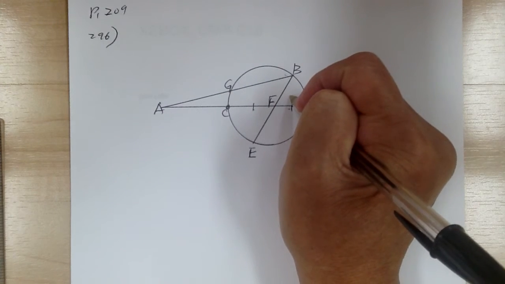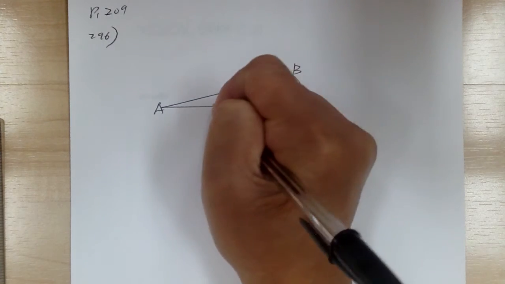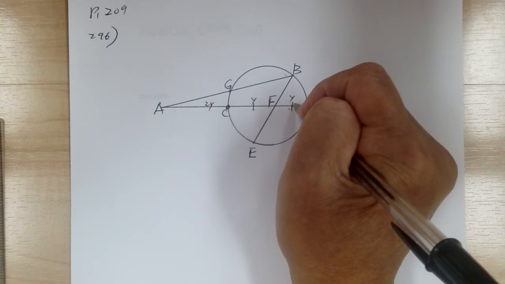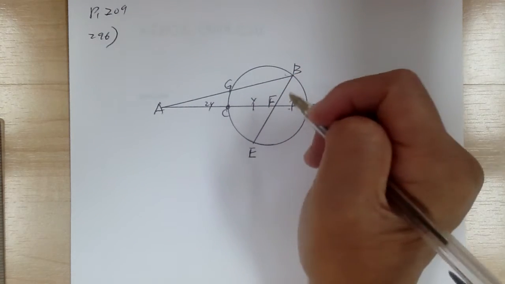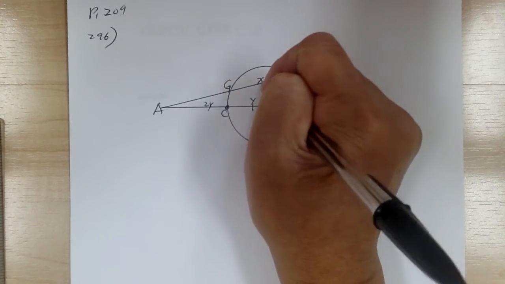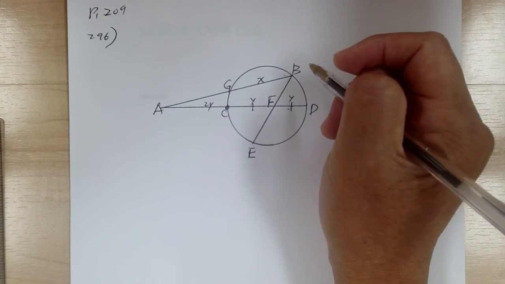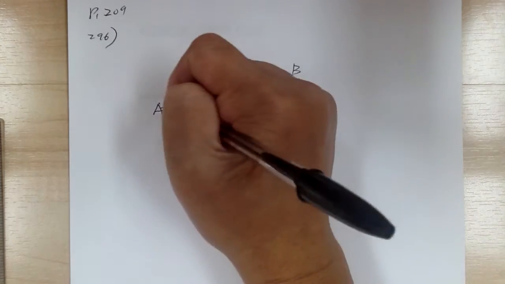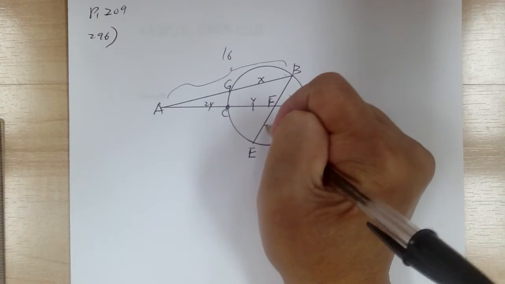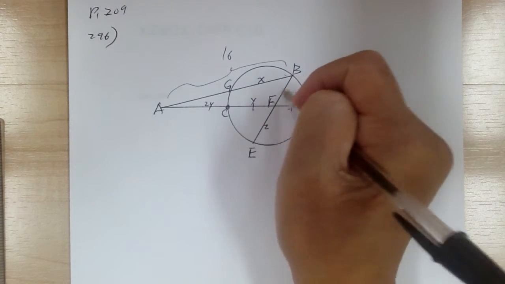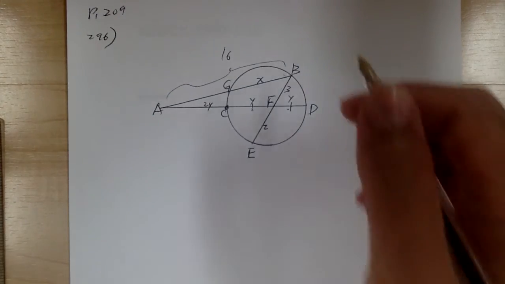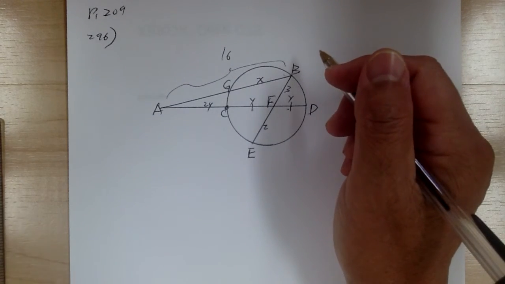Right away, we can label this as Y, Y, 2Y. The reason we use Y is because we reserve X for what we're looking for. So find GB, it means we're looking for that. That's X. If AB equals 16, EF equals 2, and FB equals 3.